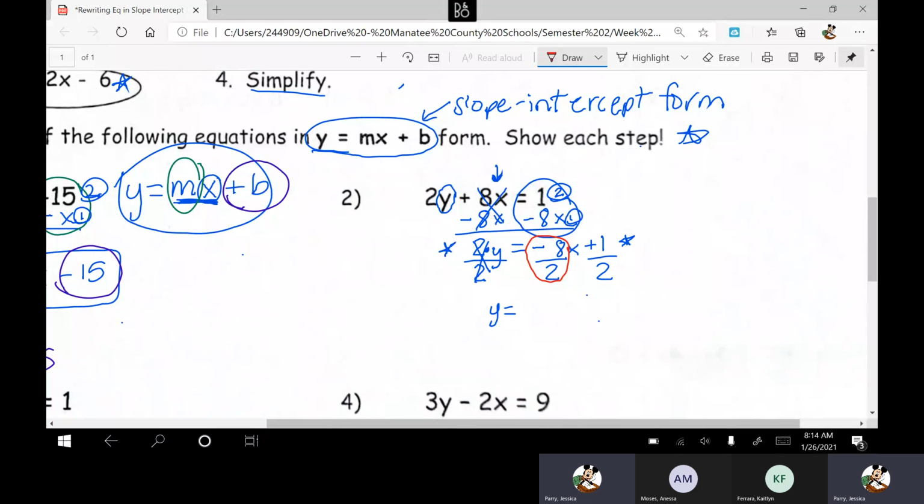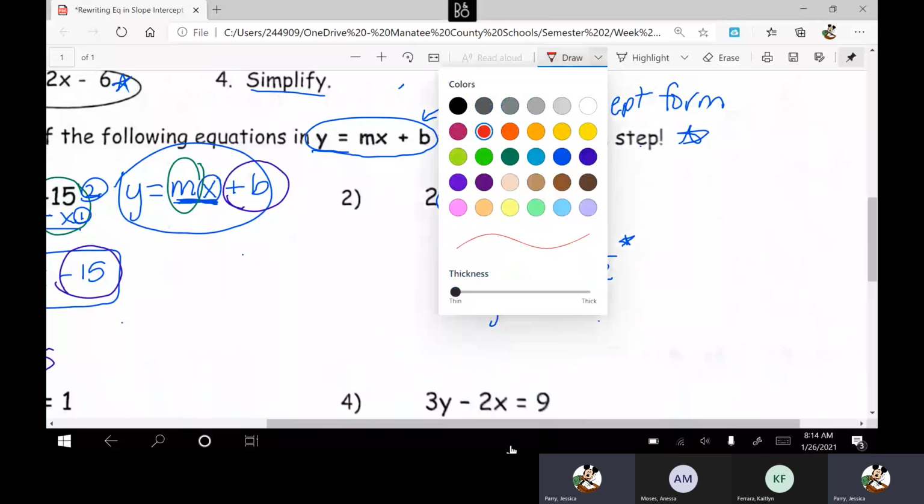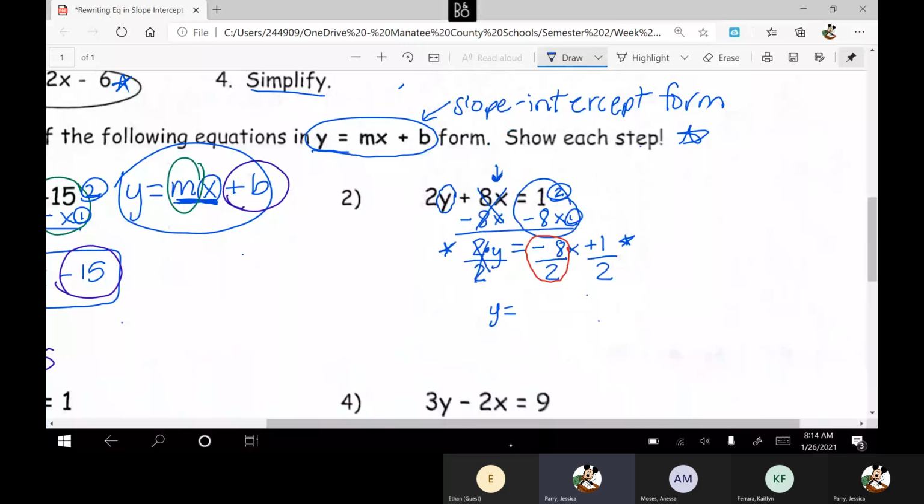The red circle, we had our negative 8 divided by 2. Let's simplify that. We have negative divided by a positive is negative, and then 8 divided by 2 is 4. And then you just bring down the variable x, don't lose it.